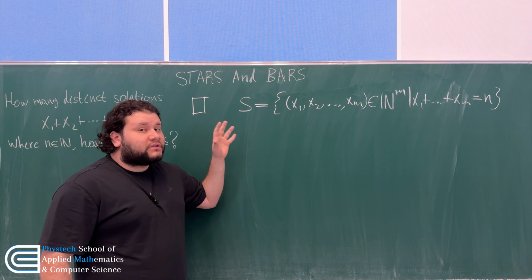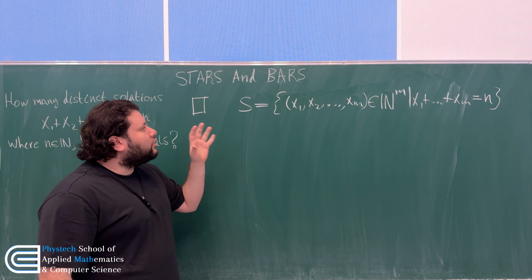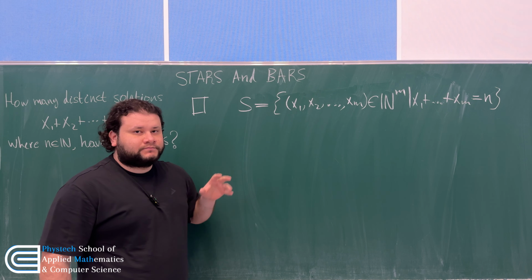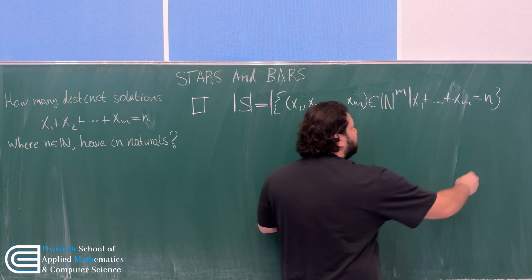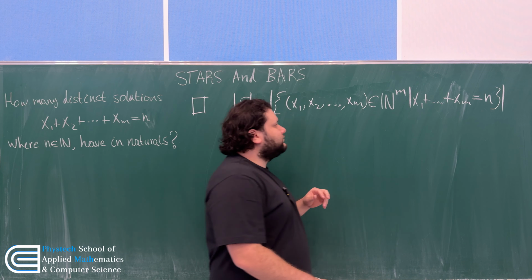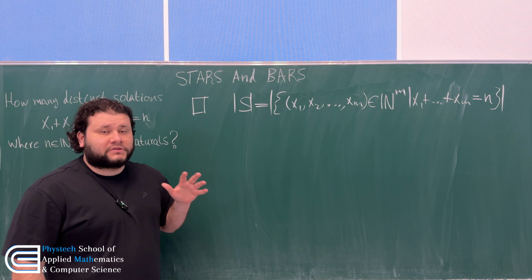We are looking for this set, and we are looking for the number of elements of this set. It means that we are looking for the absolute value of this set.